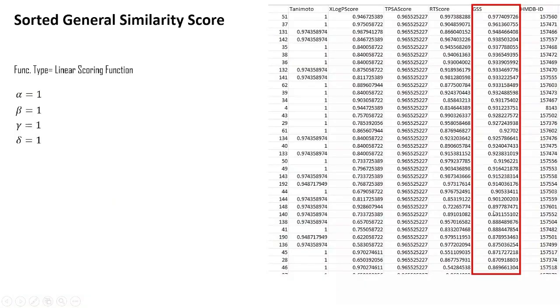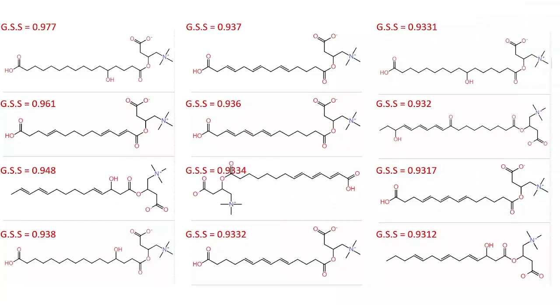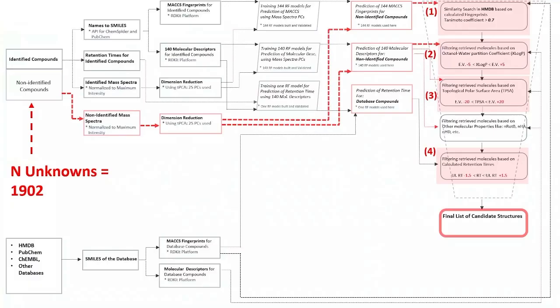And then these are the top sorted molecules. All of them were very similar to each other. So it means that the developed workflow can find very similar molecules and converge to a very small subset of molecules for the identification of a completely unknown molecule that we didn't know what it is. So these are all top marked molecules and suggestions for that unknown molecule.